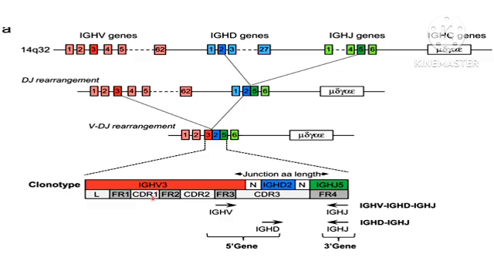So FR1 is followed by CDR1, FR2 is followed by CDR2, FR3 is followed by CDR3, and at the last we have FR4. What is very important is that you have to remember CDR3, because it is lying at the junction of V to D and D to J. This is undergoing huge diversity. I'll tell you why.